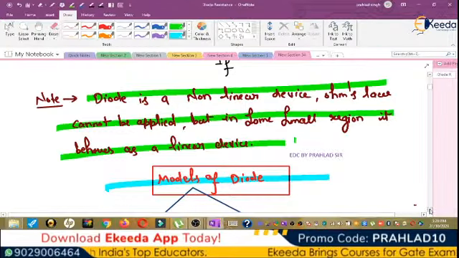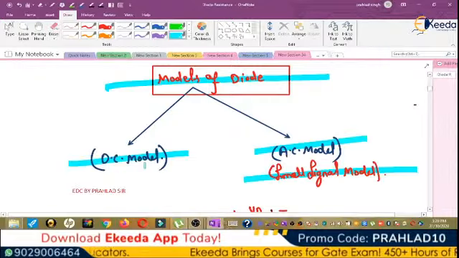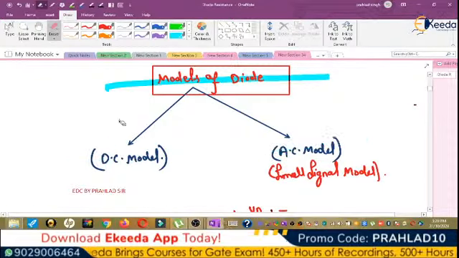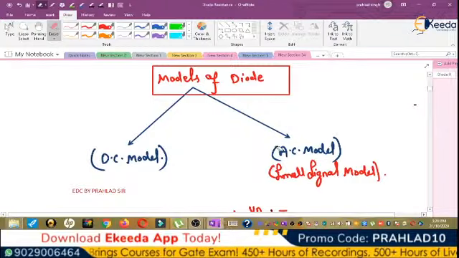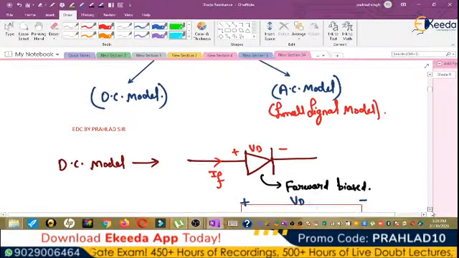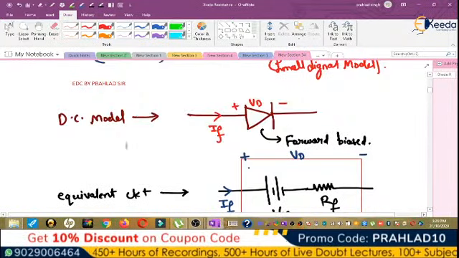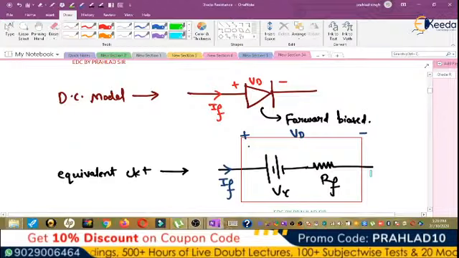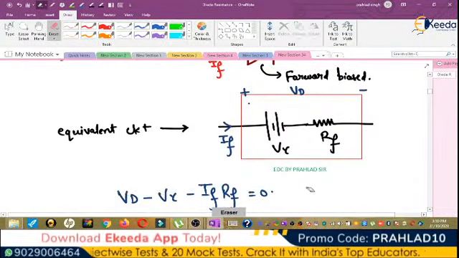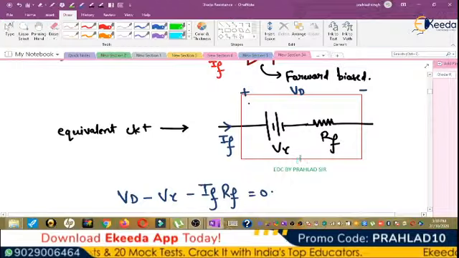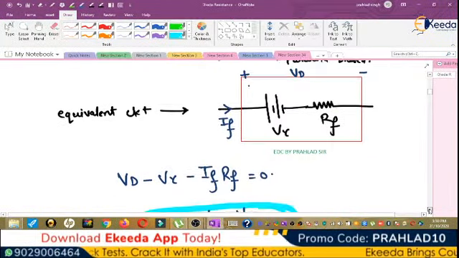When we talk about models of a diode, the models are divided into two parts, the DC model and the AC model. The AC model is also called the small signal model. This is the DC model where the equivalent circuit is cut-in voltage and RF resistance, and Vd minus V gamma minus IF RF is equal to 0.